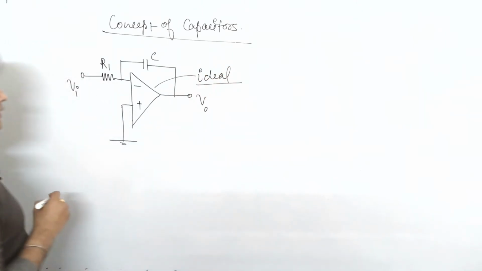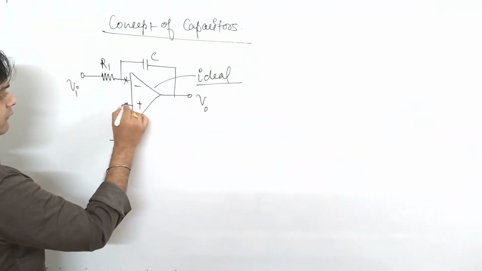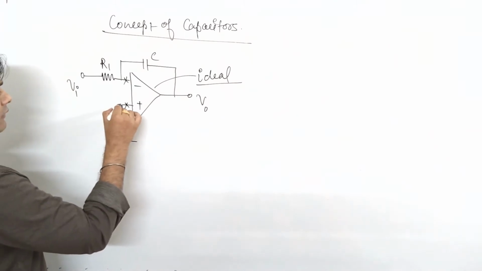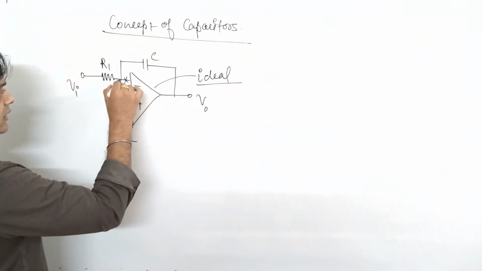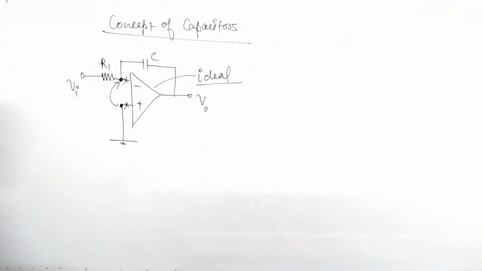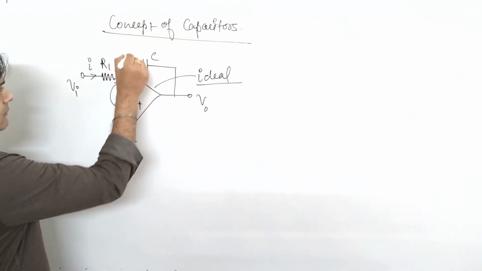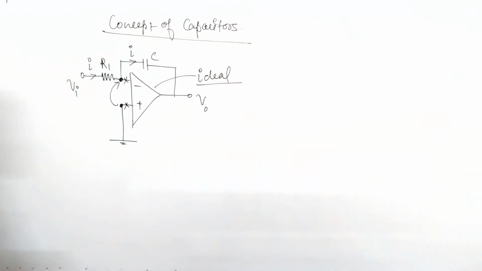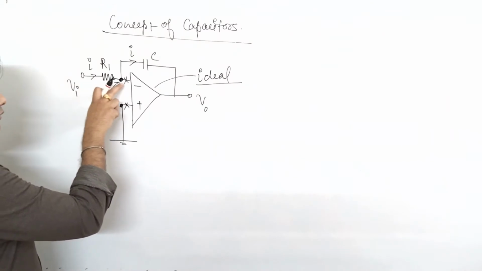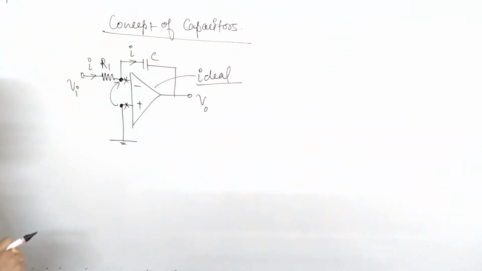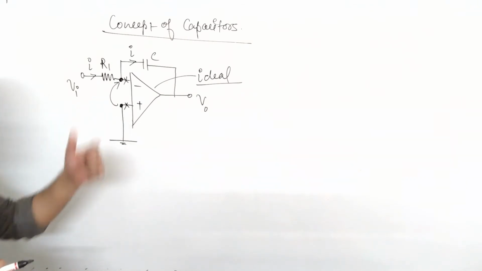That means no current will flow here, and whatever potential is here will appear at these two nodes by the concept of virtual ground. So if I is flowing here, the same I will flow here. Just by applying the law of KCL, one can easily find the relation between the input and the output voltage.